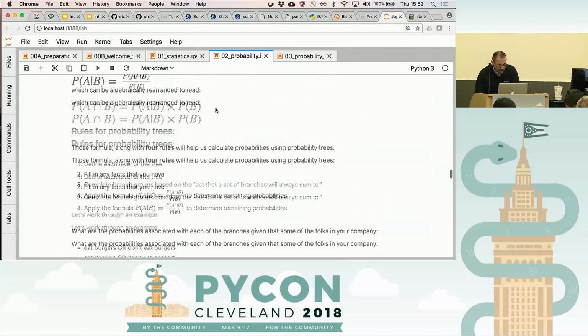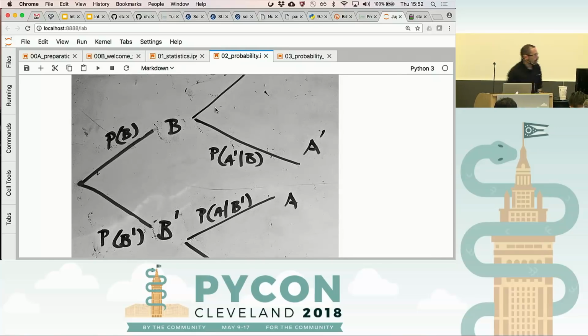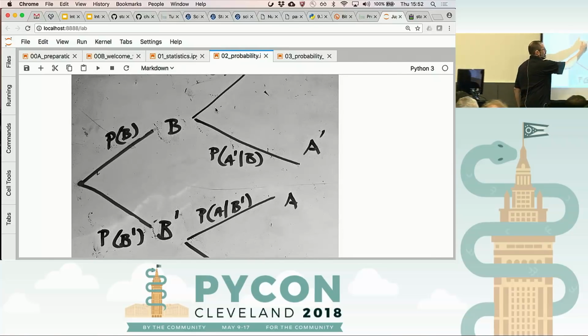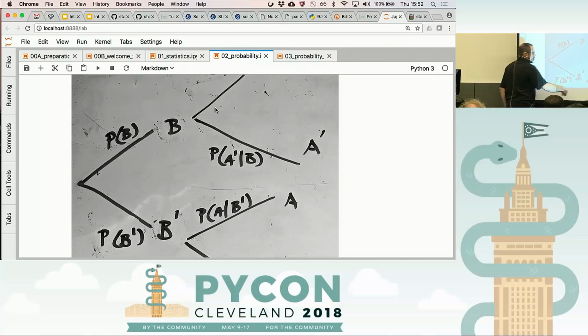And we scroll back up here. When I just have a probability, it goes first. When I have a given, it goes second. And so this given probability is up on this upper branch because it's telling me this probability of not getting an A only applies if I'm on the B branch. This probability of getting an A only applies if I'm on the not B branch.